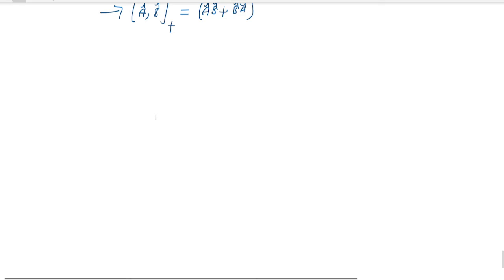Two operators are said to commute if their commutator is equal to 0, and hence we can write [A, B] equal to 0. I mean AB equal to BA. It's better to write here. Just wait.